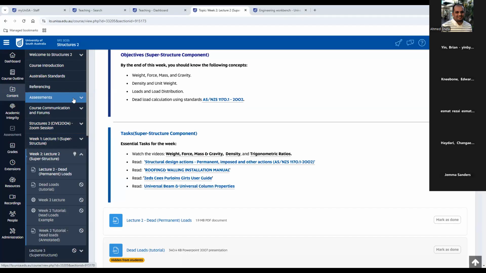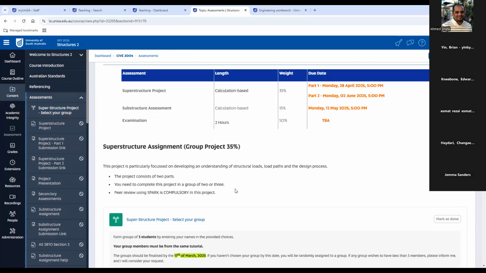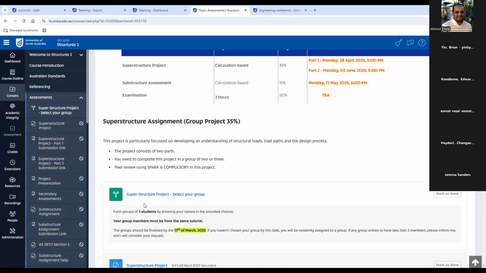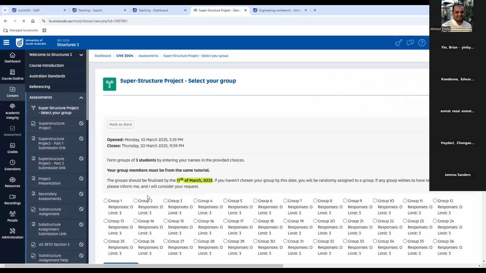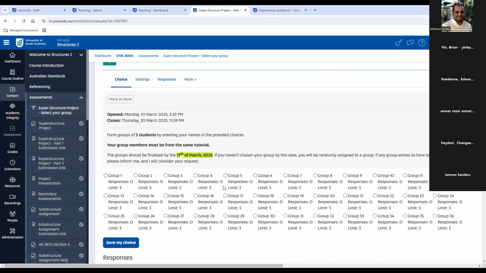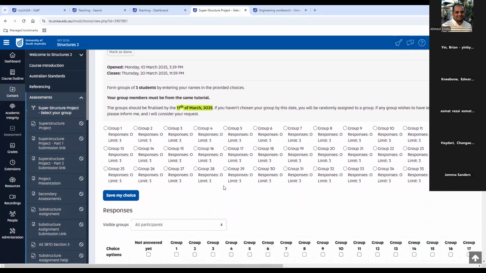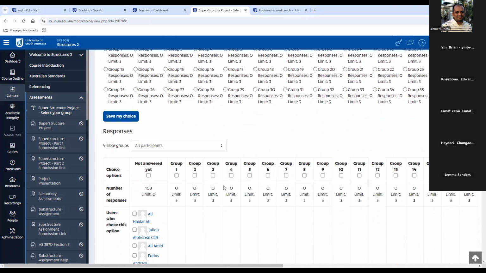If you go to the assessment part, I have just opened the superstructure project, select your group. We will start working on the project. I will introduce the project from tomorrow, and you need to start working on forming the group. We have up to next week to finalize the group.